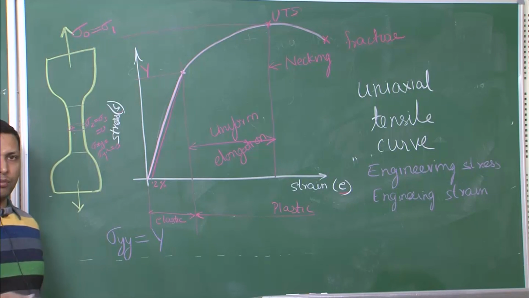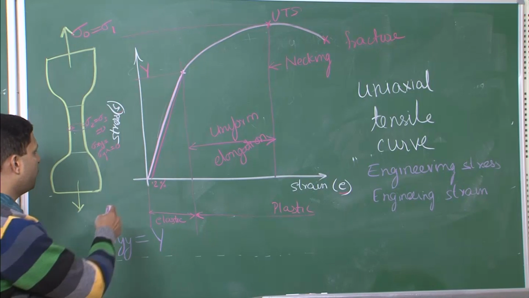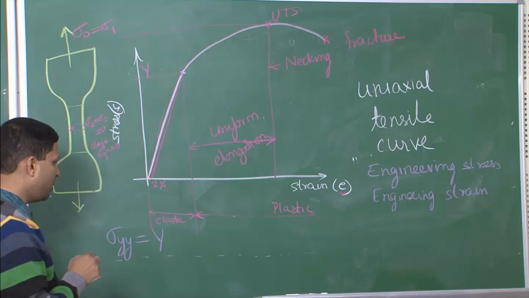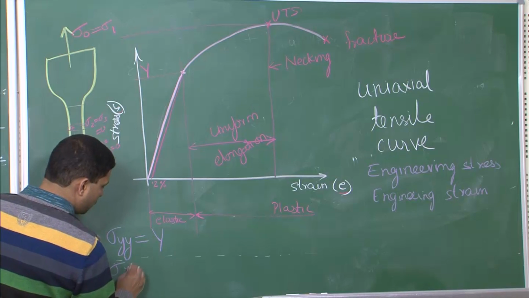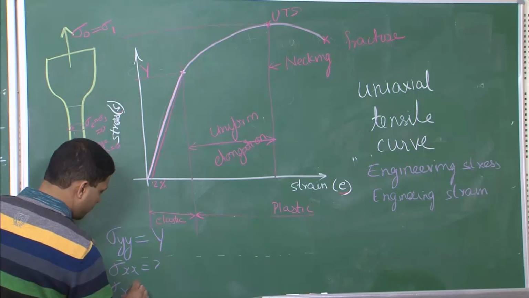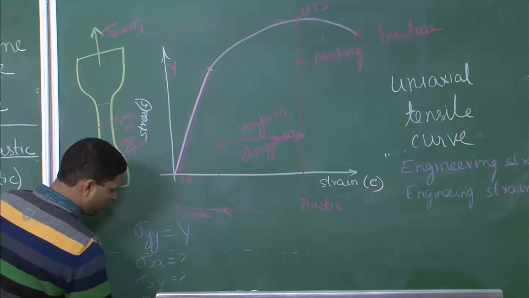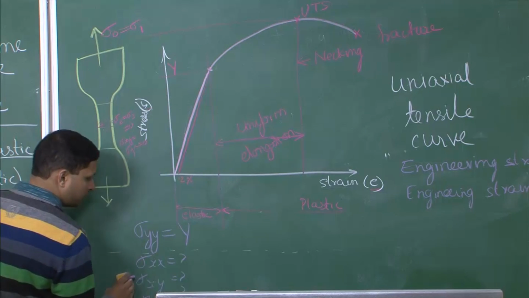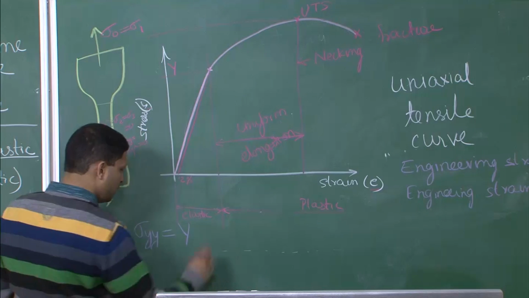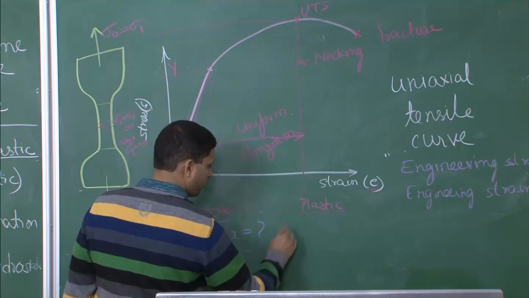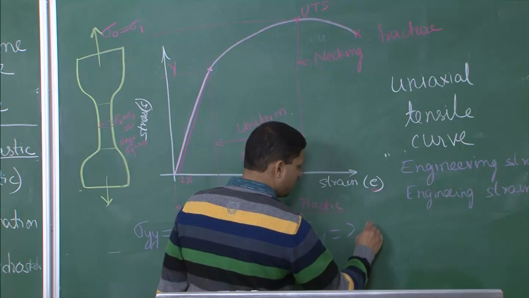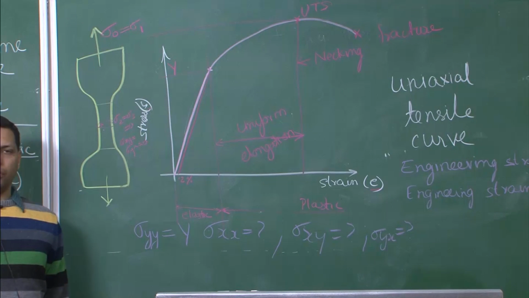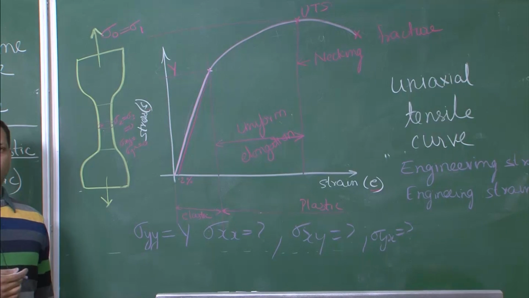However, as I mentioned a couple of times before, when you have more than one stress component acting on each and every element, then you have to find out not only about sigma yy, you also have to say what should be sigma xx, what should be sigma xy, what should be sigma yx, what should be the value of these components if we want to find out if the material will deform or not.